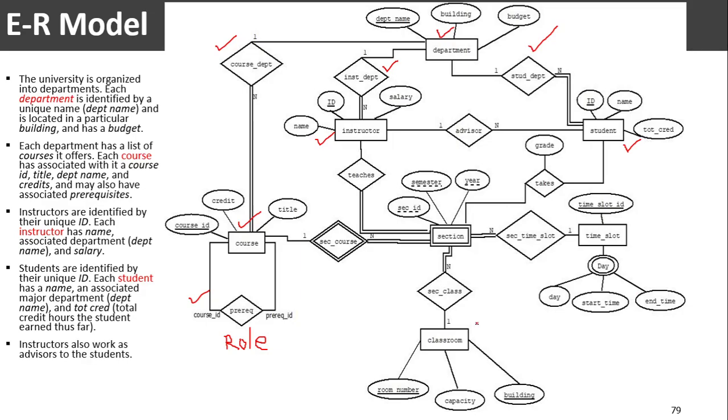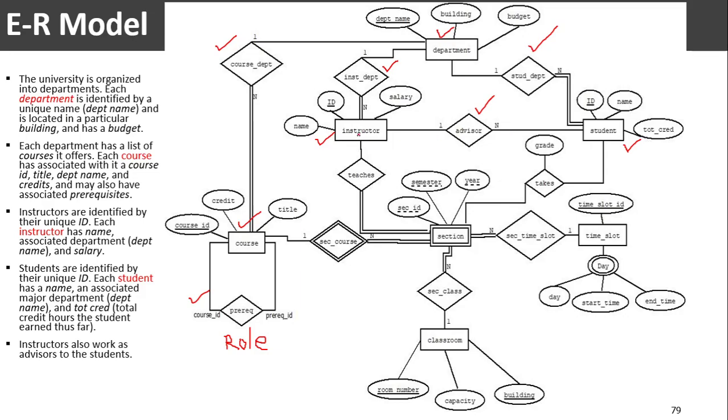Now let us see the next statement. Instructors also work as advisors to the student. So between instructor and student we have this relationship set advisor. The cardinality is 1 to n.